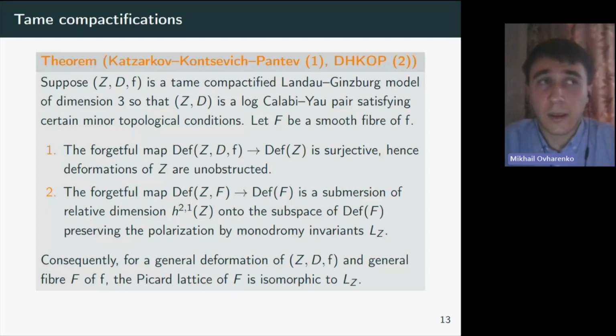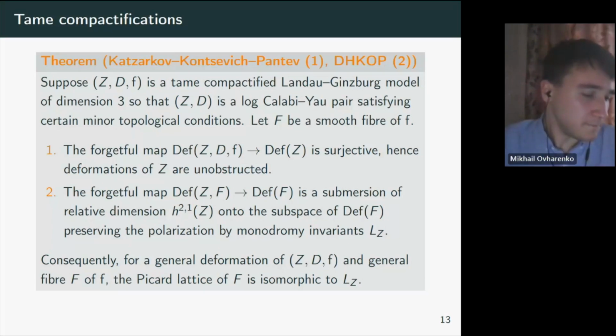So we have a naive version of Dolgachev-Nikulin duality. We have a Picard lattice of Fano threefolds or a Picard lattice of its anticanonical sections. And on the other hand, we have a Picard lattice of a general fiber of the Landau-Ginzburg model.